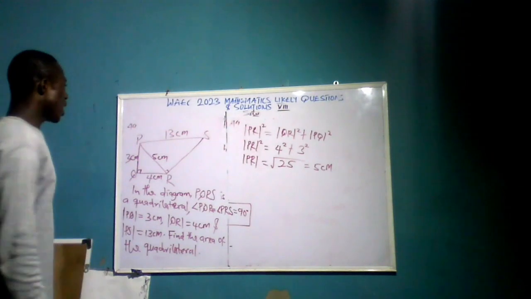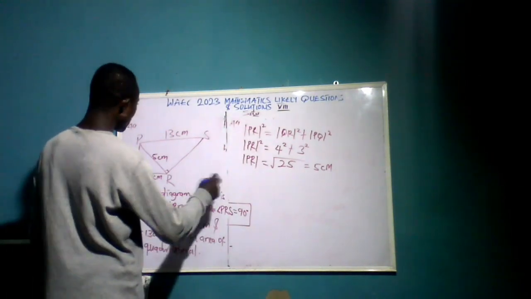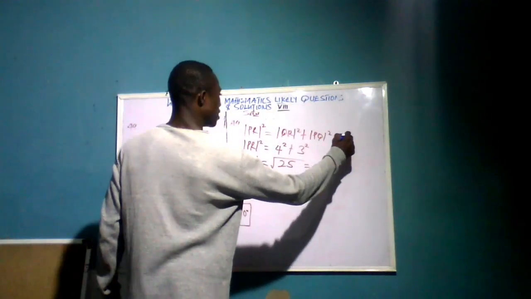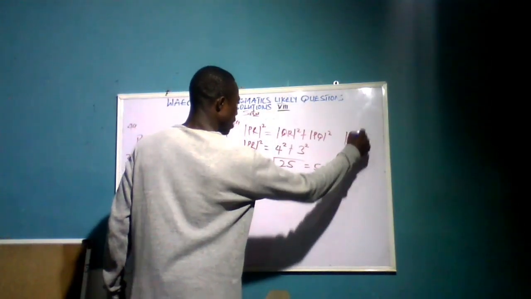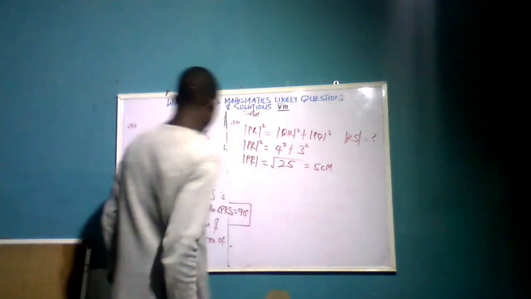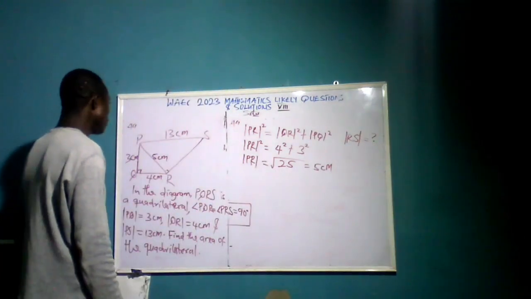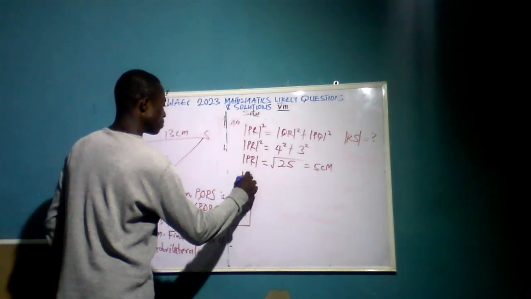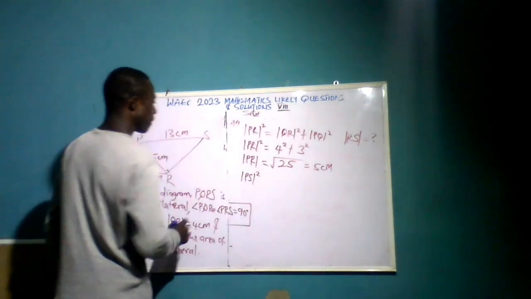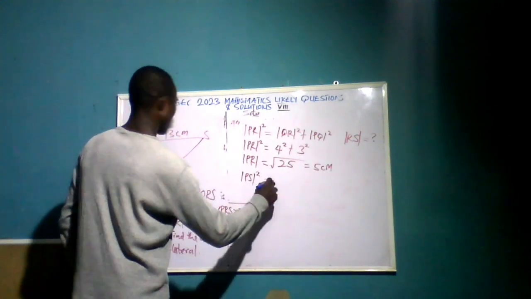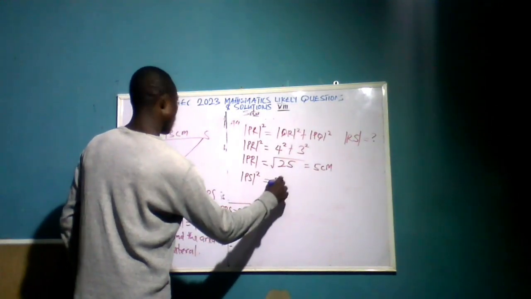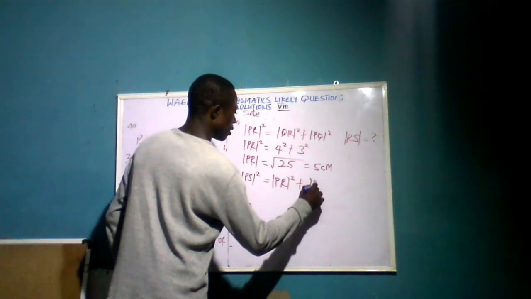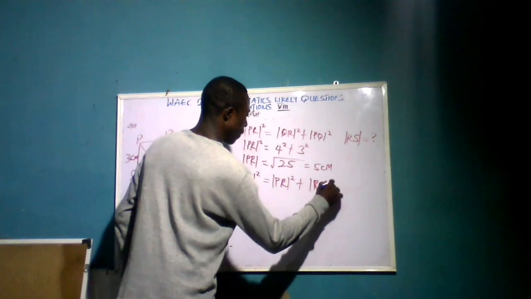Okay? And to find the side RS, that is the magnitude of side RS, you have to use the same formula, Pythagoras theorem, so that you have PS square to be equal to PR square plus RS square.